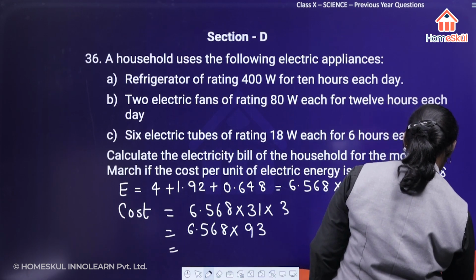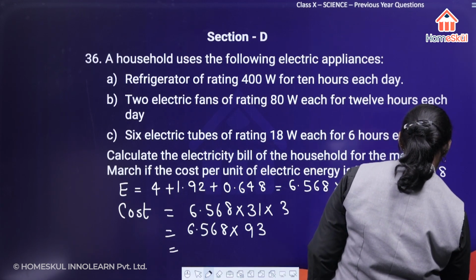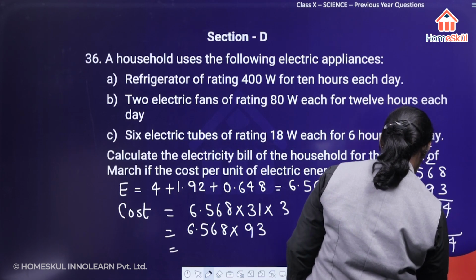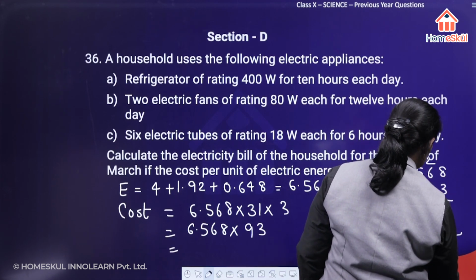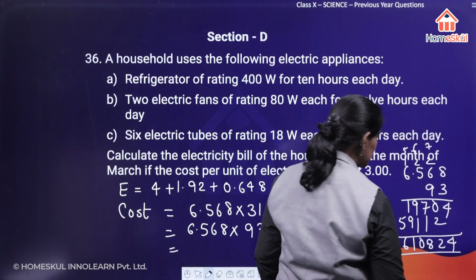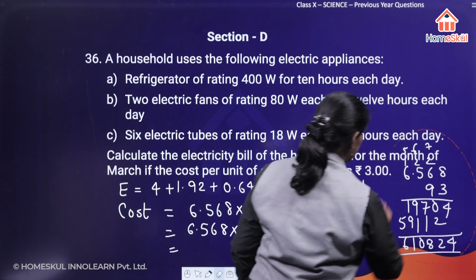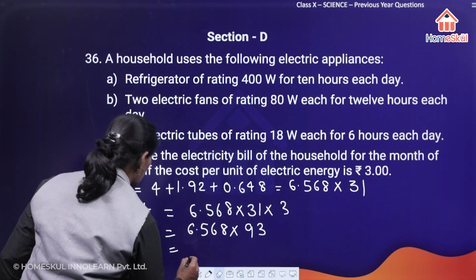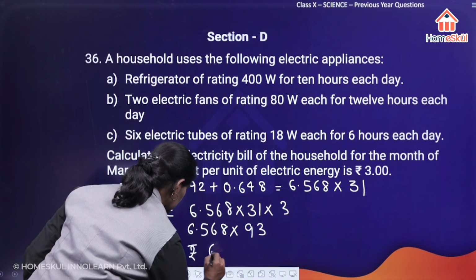It comes out to be 610824, and with 3 decimal places, it comes out to be 610.824. So the cost comes out to be rupees 610.824.